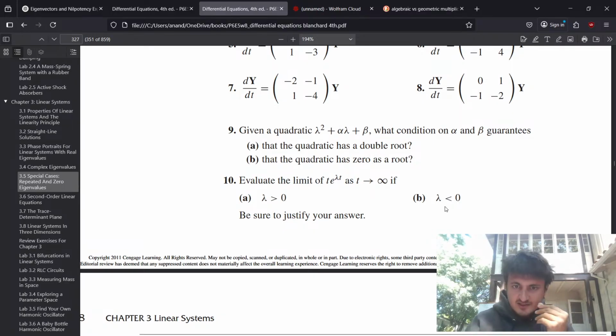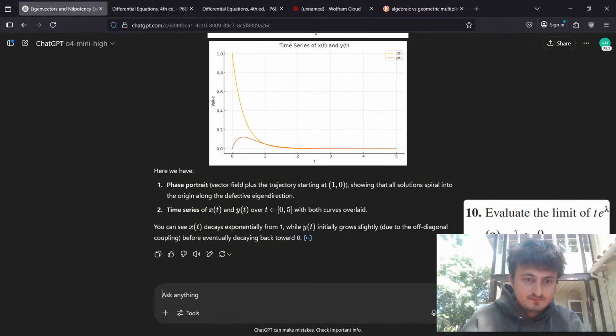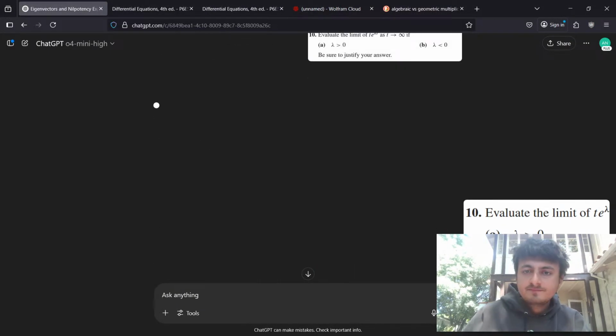Isn't it just infinity and 0? Why wouldn't it be just infinity and 0? I'm almost positive it's just going to be infinity and 0. Almost positive.